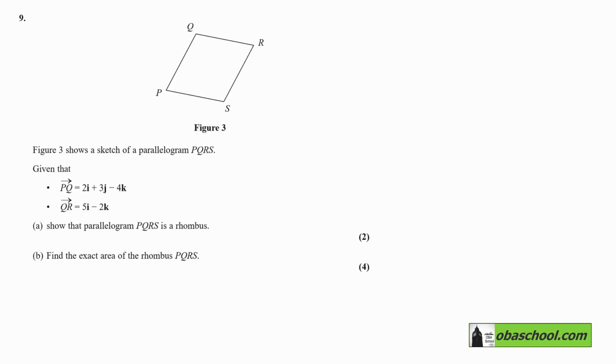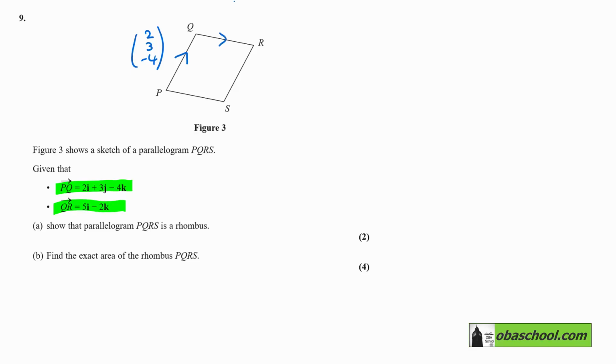Figure 3 shows a sketch of a parallelogram PQRS. We're given that PQ is 2i plus 3j minus 4k, or in column vectors, that would be (2, 3, -4), and that QR is 5i minus 2k.